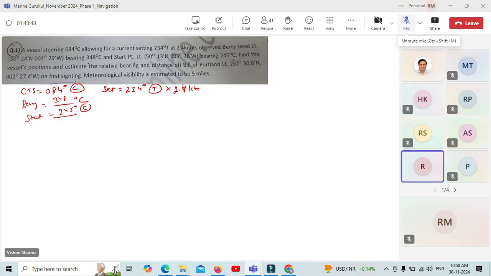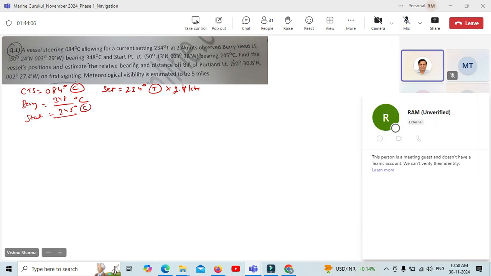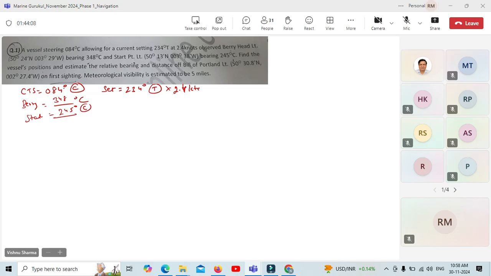Okay. Observes Berry Head bearing so much and so much. Okay, fine. Find the vessel's position and estimate the relative bearing and distance of Bill of Portland on first sighting.